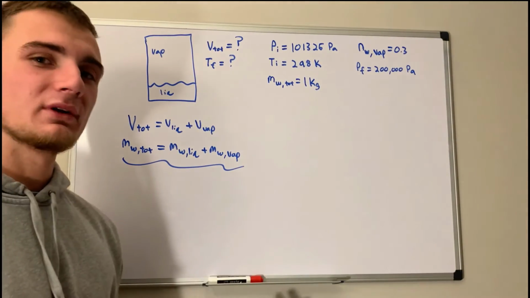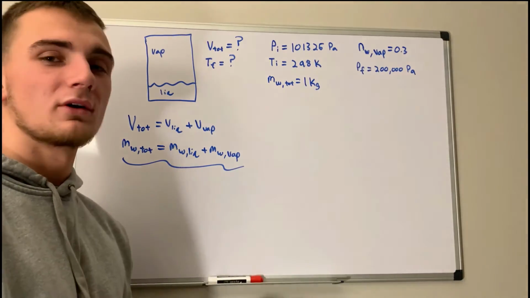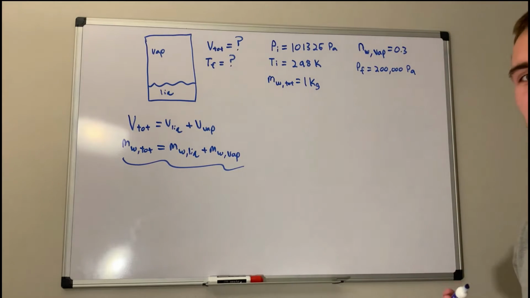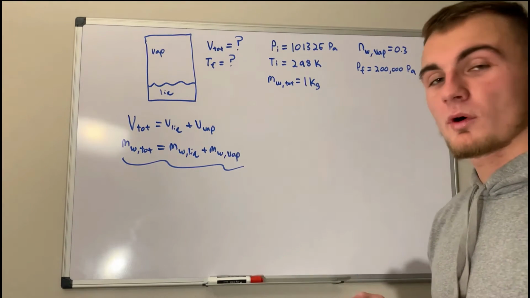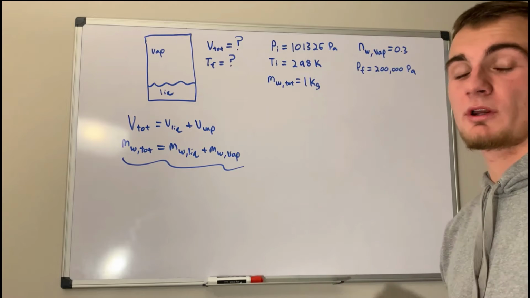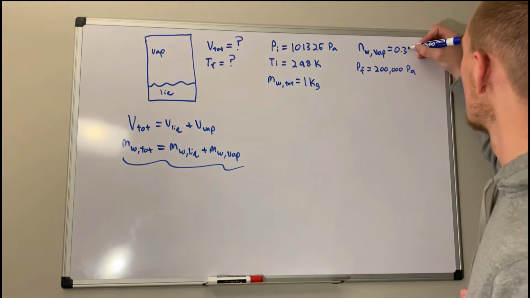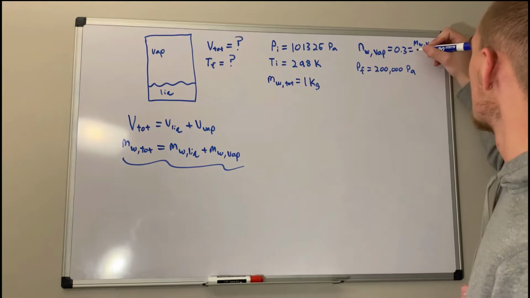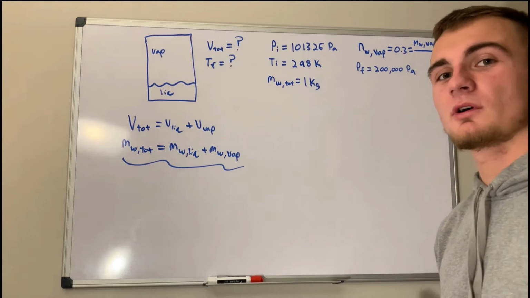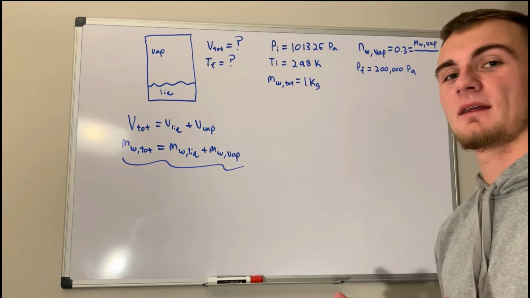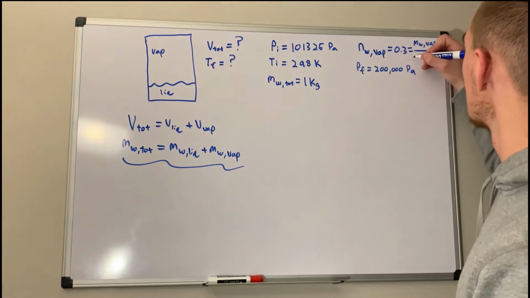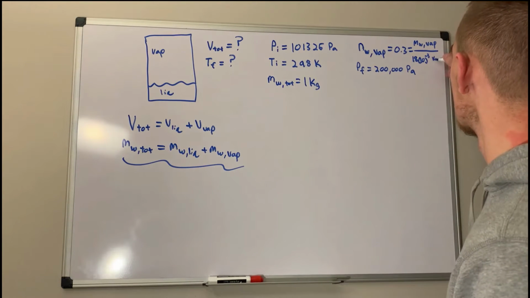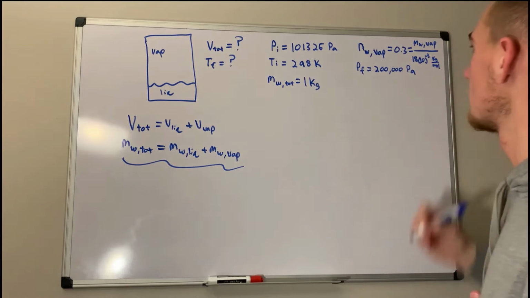Now the next thing we can take a look at is the number of moles of water in the vapor phase. We know that the number of moles of water in the vapor phase will equal the mass of the water in the vapor phase divided by the molecular weight of water. So I have the mass of water in the vapor phase divided by the molecular weight of water, and I will be inserting this in kilograms per mole, so 18 times 10 to the negative third kilograms per mole.